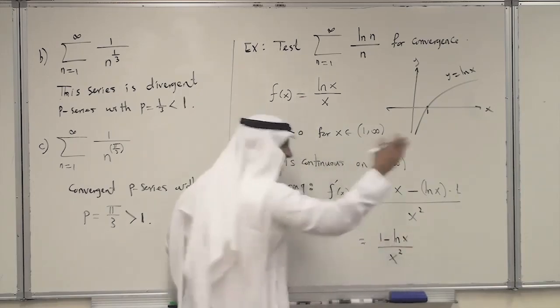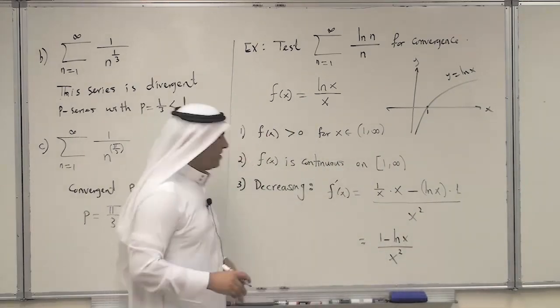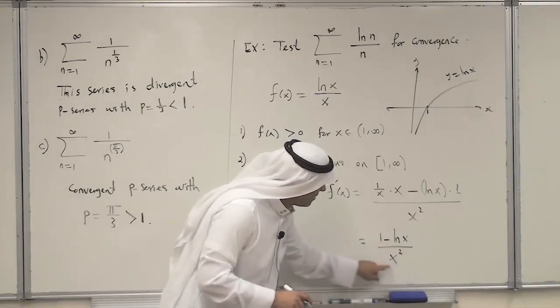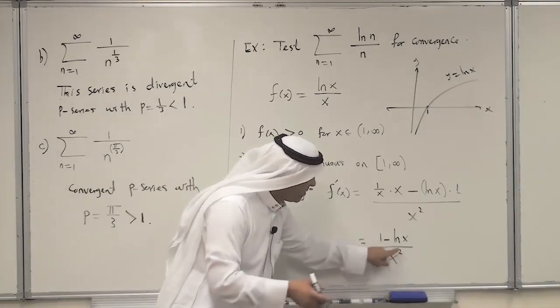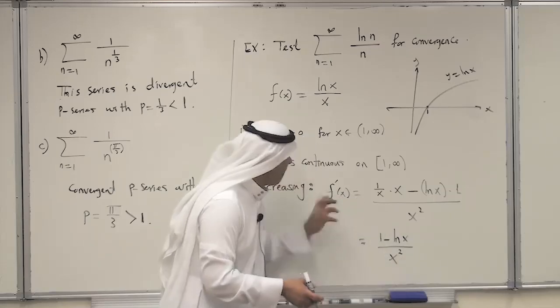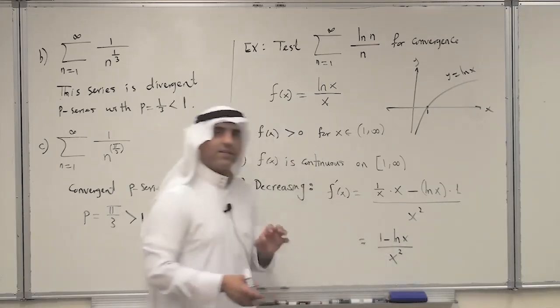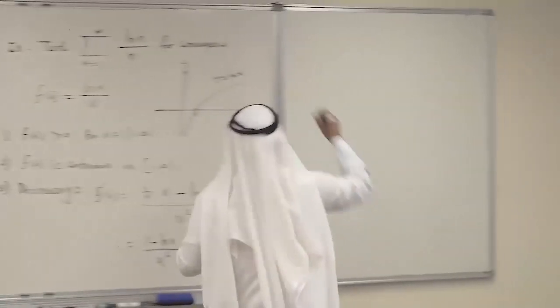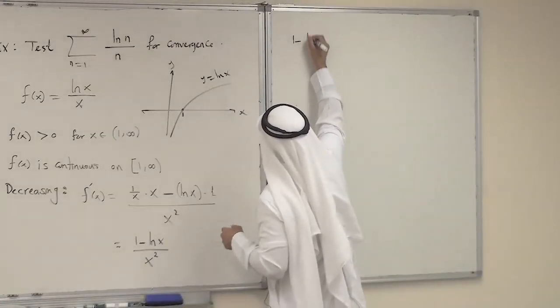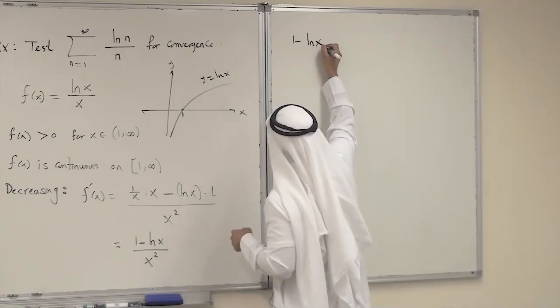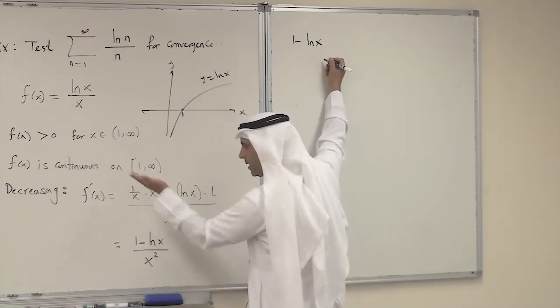For x greater than 1, x is positive, so x squared is always positive. So the only thing that affects the sign diagram of the derivative is 1 minus ln of x. We need it to be negative, right? Because we need the function to be decreasing.